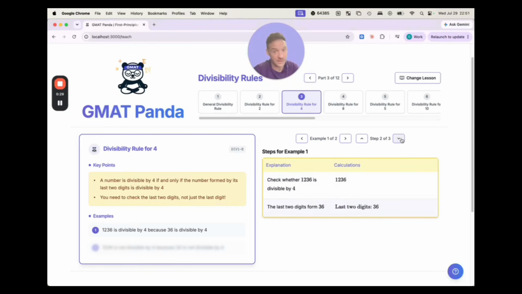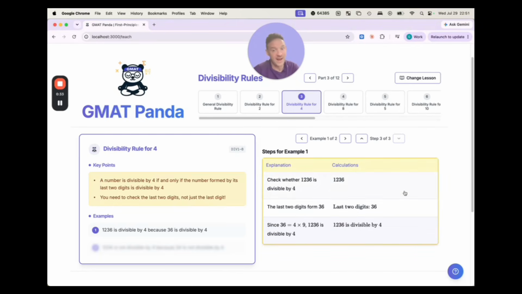And then we check whether 36 is divisible by 4. We can write 36 as 4 times 9, which means that 36 is divisible by 4, and therefore 1236 is also divisible by 4.